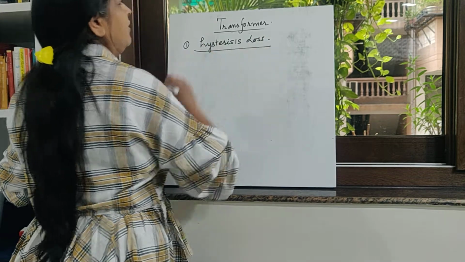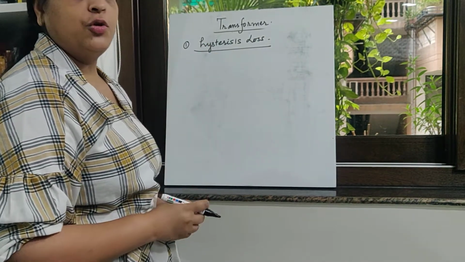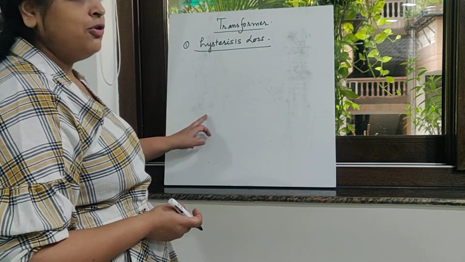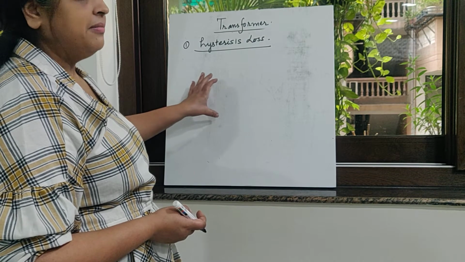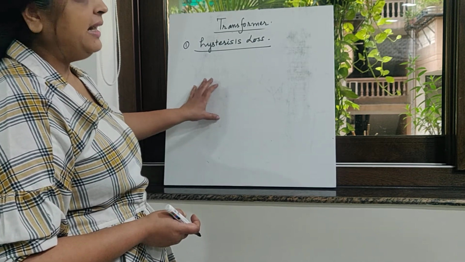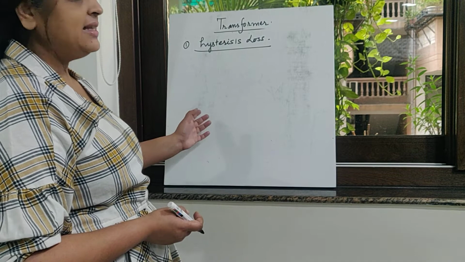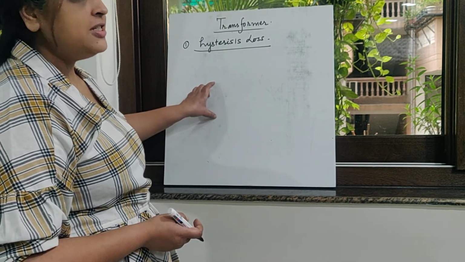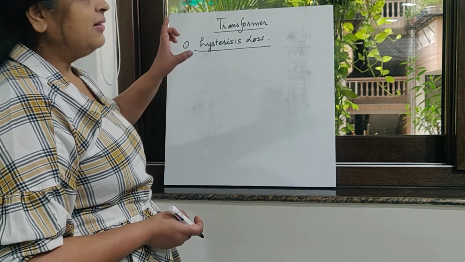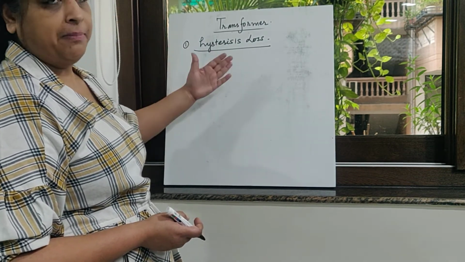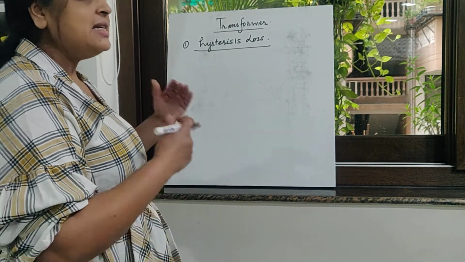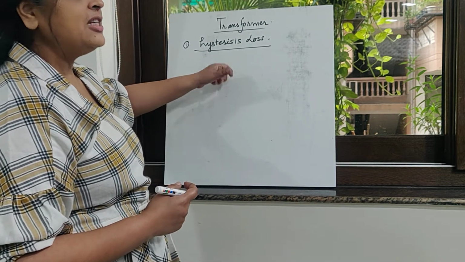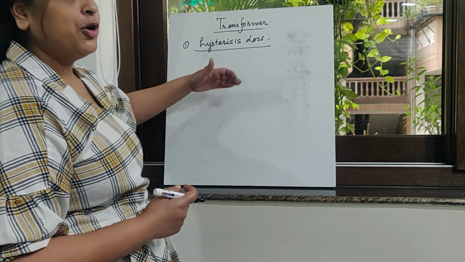We have already done a video in which I told you about hysteresis. You know that when there is an AC input, the iron core will get magnetized and demagnetized twice in one cycle of the AC. Because of this, the core will get heated up, because again and again the alignment of the domains will change, and heat will be produced in the process.